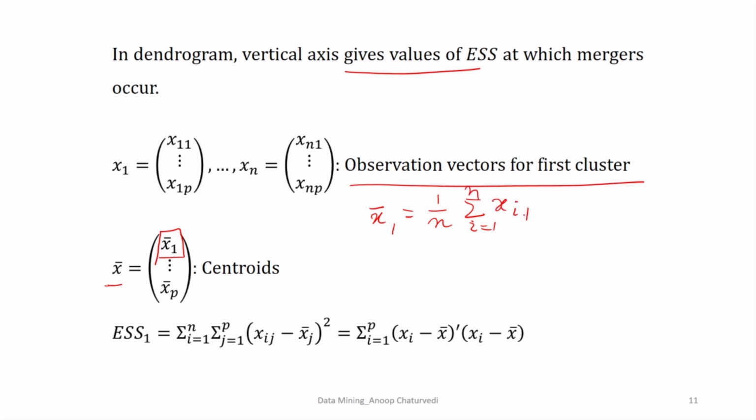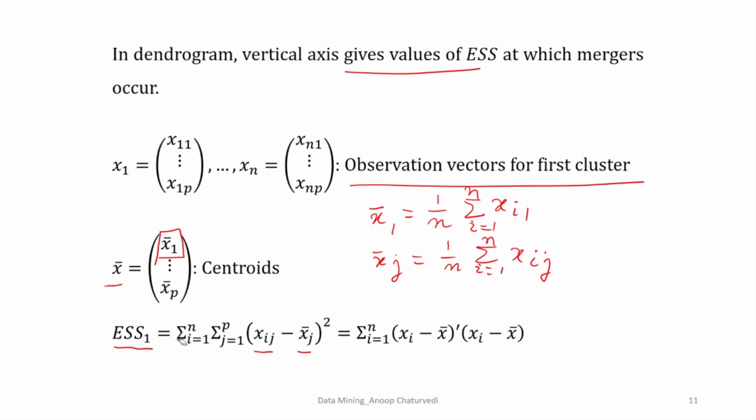In general, we define x bar j equal to 1 upon n summation i equal to 1 to n x ij for all j equal to 1 to p.